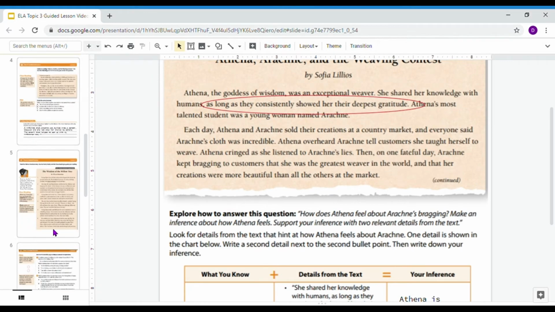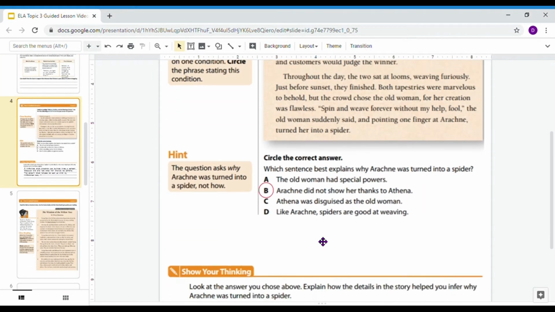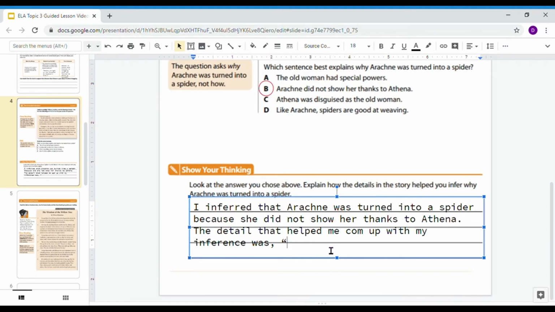So when we go down to here, and I'm using this direct quote, the detail that helped me come up with my inference was that Athena helped humans to weave as long as they, and this is the part I'm going to put in quotes, "consistently showed their gratitude," because that is a direct quote from the text.